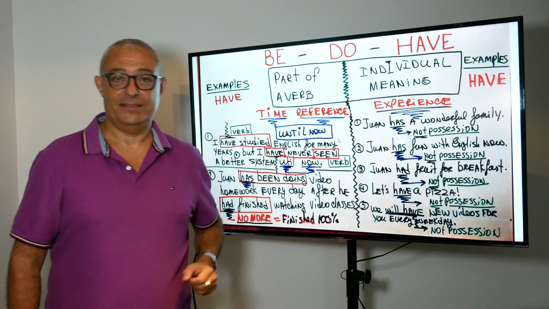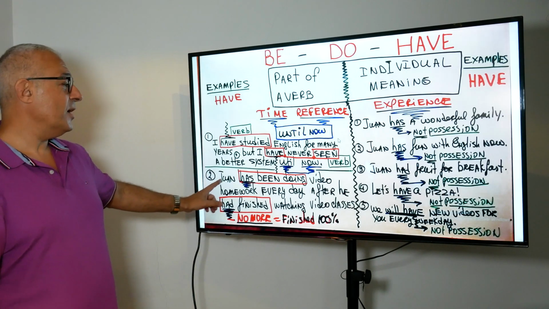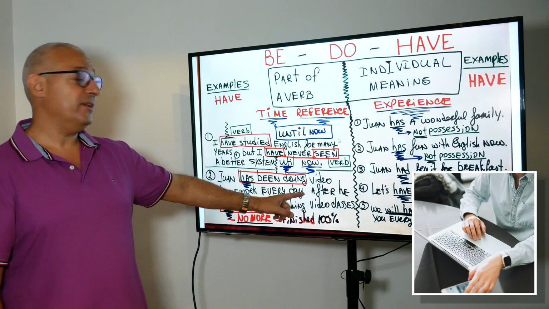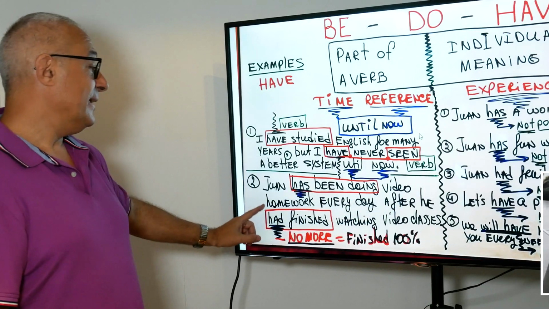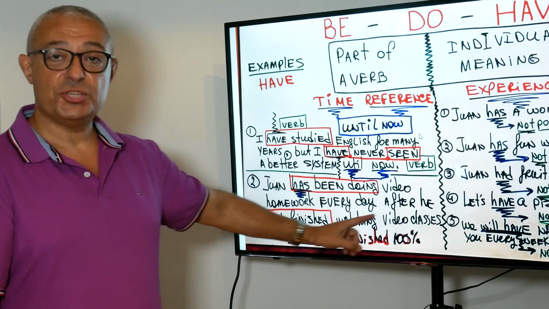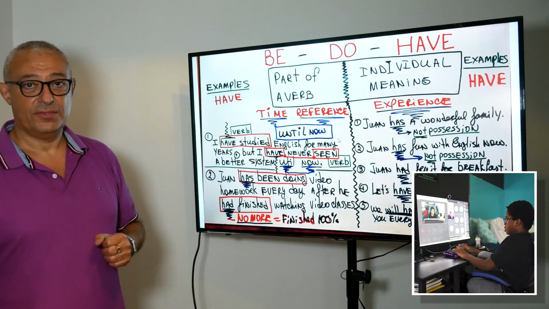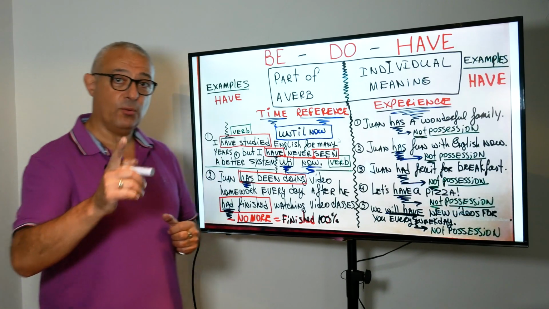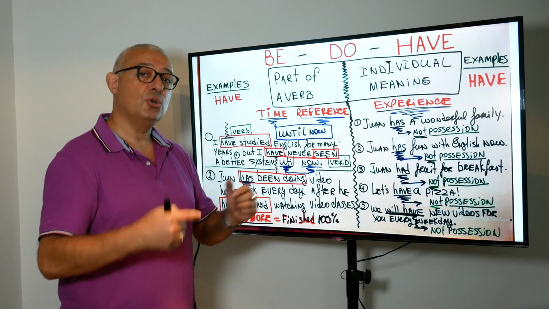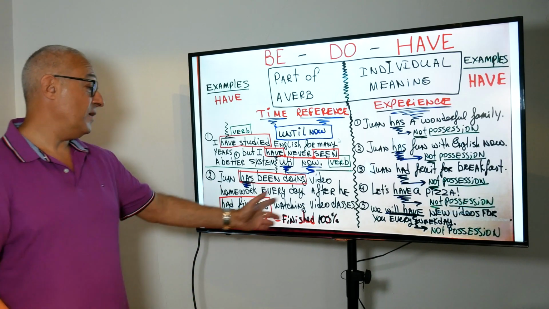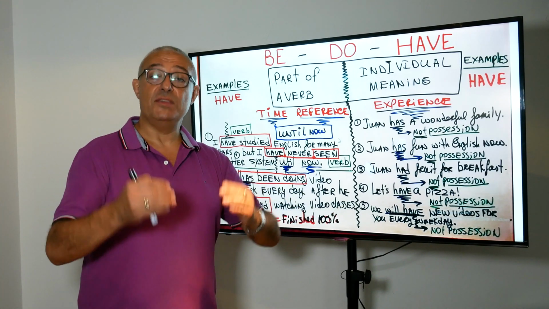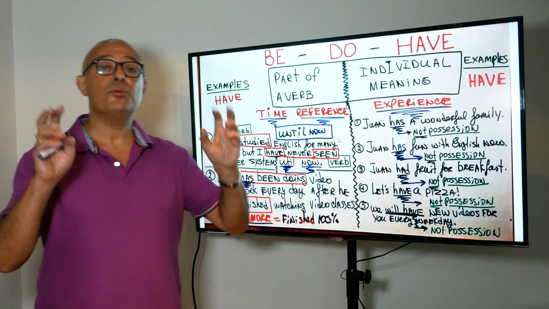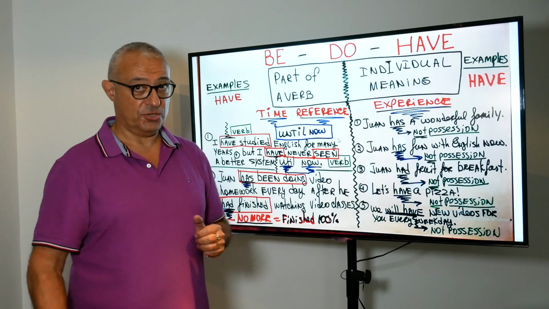Let's look at the second example. In the second example, Juan has been doing video homework every day after he had finished watching video classes. What we're doing right now, we're having a video class. But Juan, after video class, goes to the website and watches video homework, so he can better understand exactly how the theory that we're doing here functions.